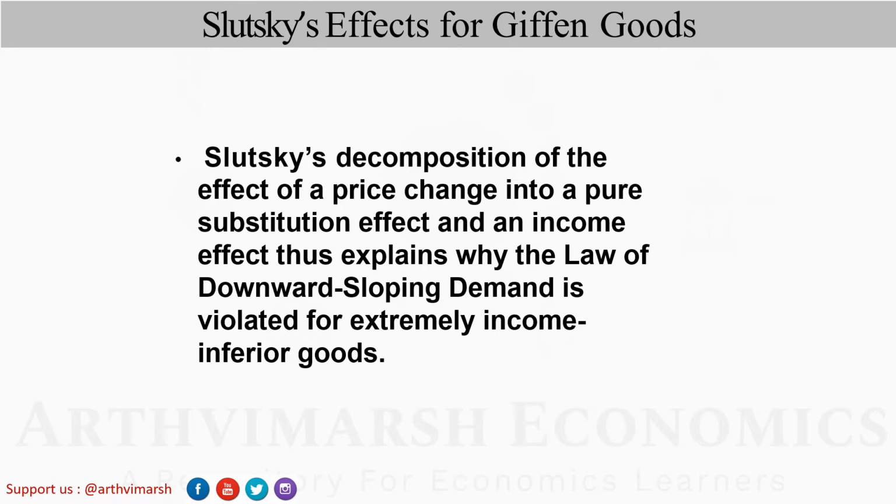Now, the Slutsky decomposition of the effect of the price change into pure substitution and income effects explains why the law of downward sloping demand is violated for an extremely income inferior good, right? So we have seen why it happens in the case of a Giffen good, that they go against the law of demand.